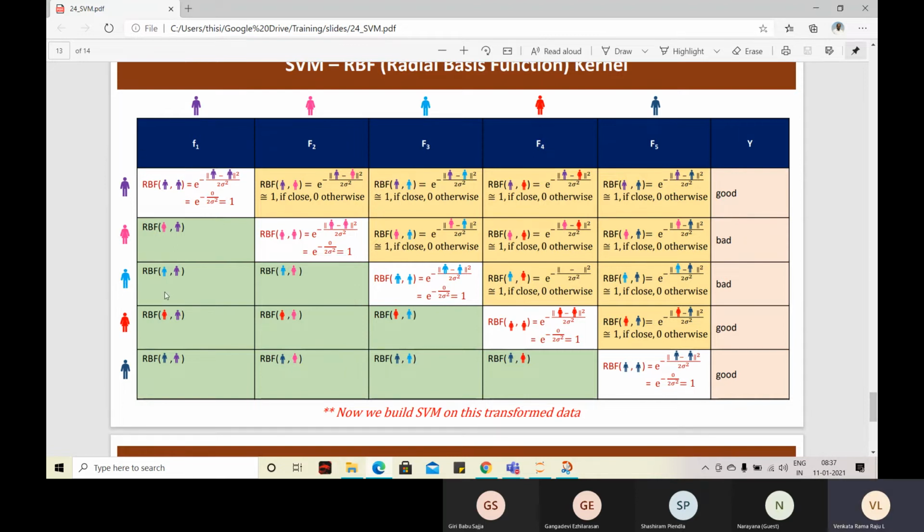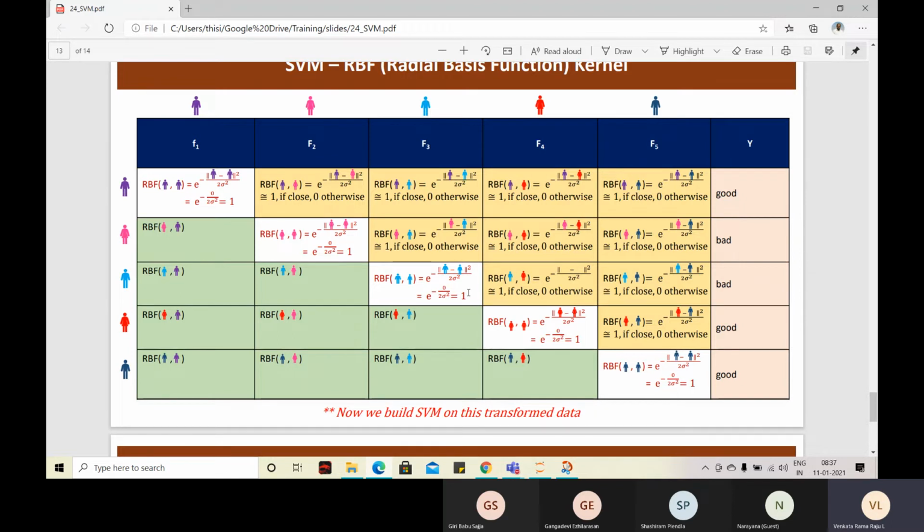If all the numbers in a row are very close to 0, that record is very weakly related to other data points. Maybe the weakly related records are bad ones, and strongly related ones may be good ones. That pattern is already captured. The intelligence is already there in the input space.